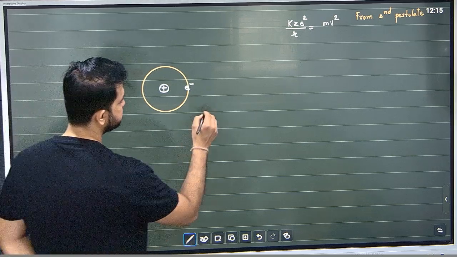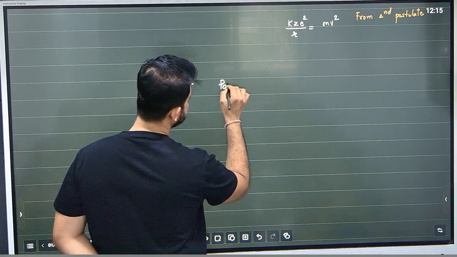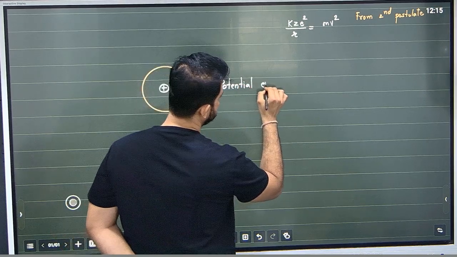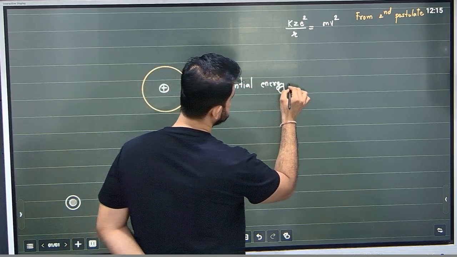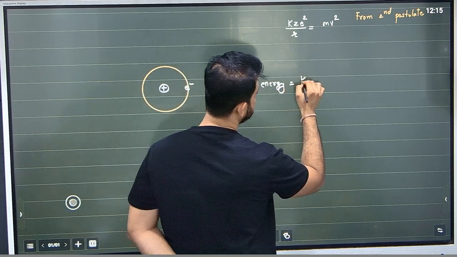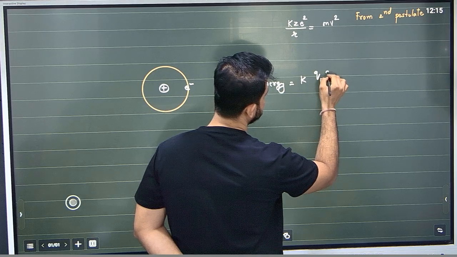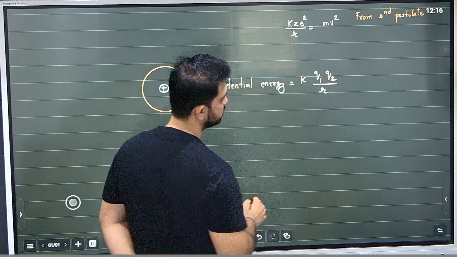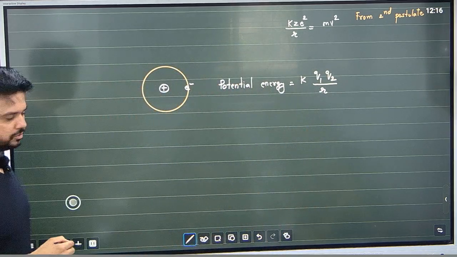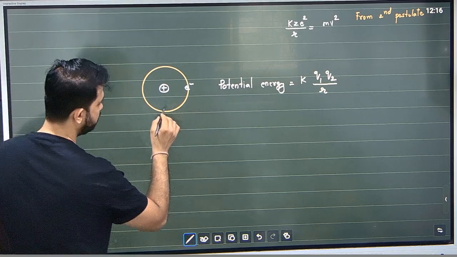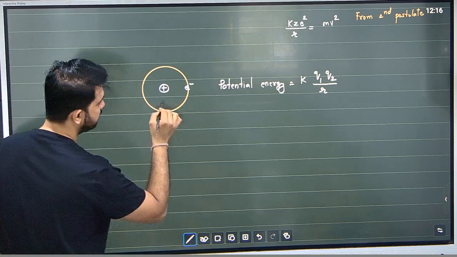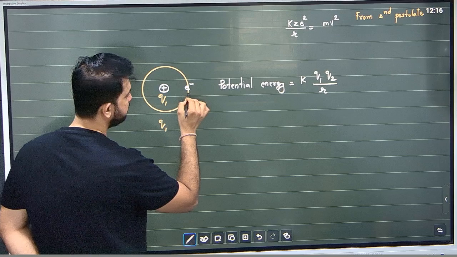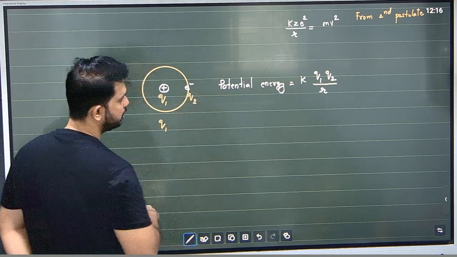What was the expression for potential energy? The expression for potential energy is K Q1 Q2 over R. Yes or no? Now what is Q1 over here? We can consider the nucleus to be Q1 and the electron to be Q2.